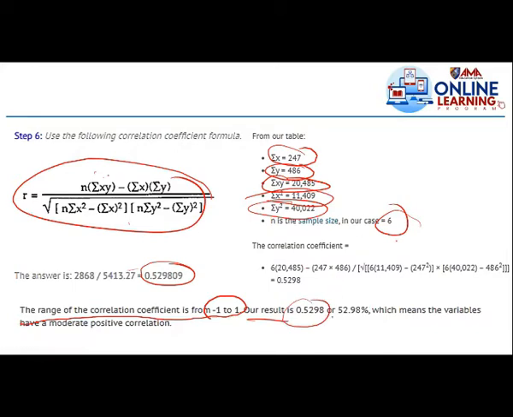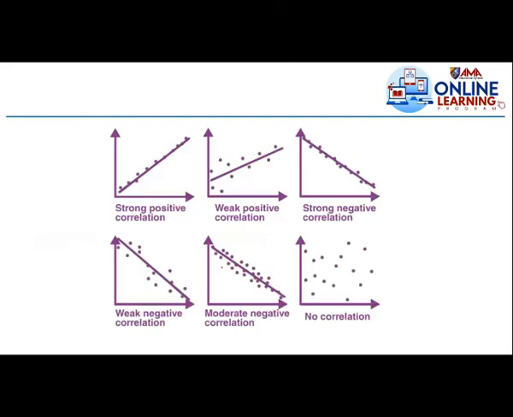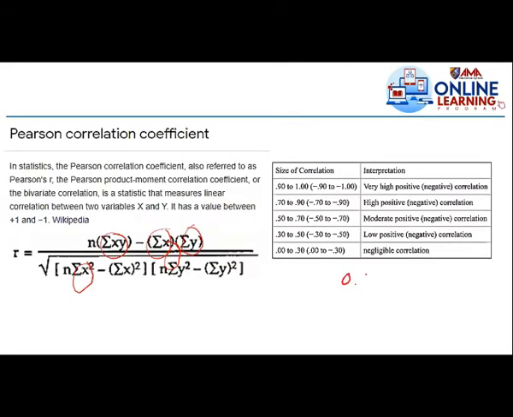So how do we do that? We get the percentage: 52.98 multiplied by 100 to make it a percentage. And that is 52.98%. Therefore, it means that the variables have a moderate positive correlation. So let's look at the chart. So the answer is 0.5982.